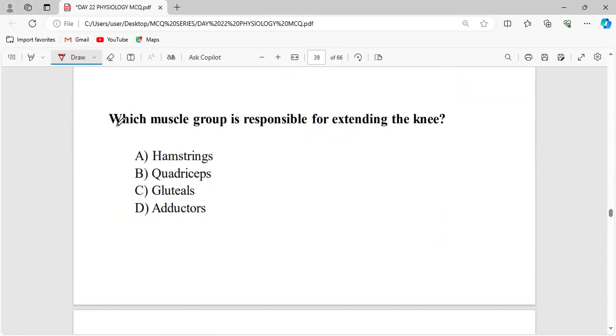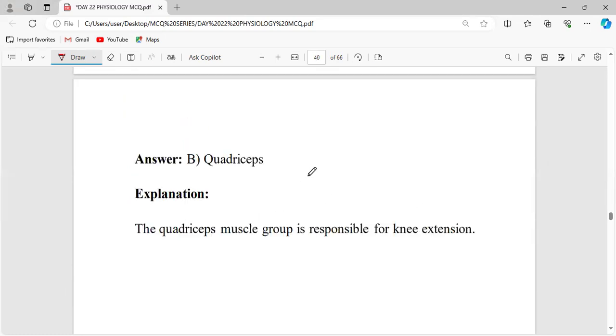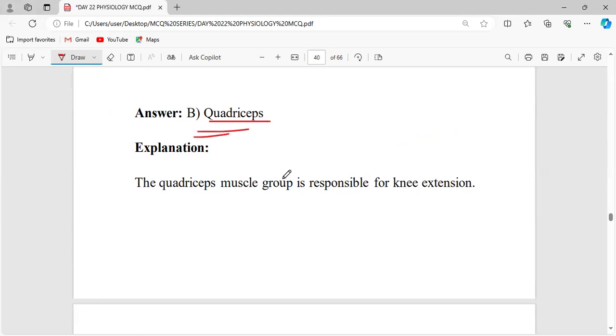Now, which muscle group is responsible for extending the knee? To extend the knee, the quadriceps is the muscle group. It is the one involved in the extension of the knee.